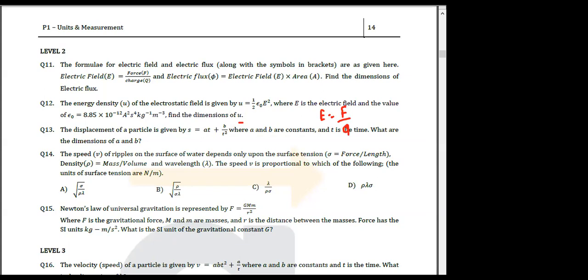Yes or no? Tell me. This you should have known. What is the formula of electric field? Tell me.